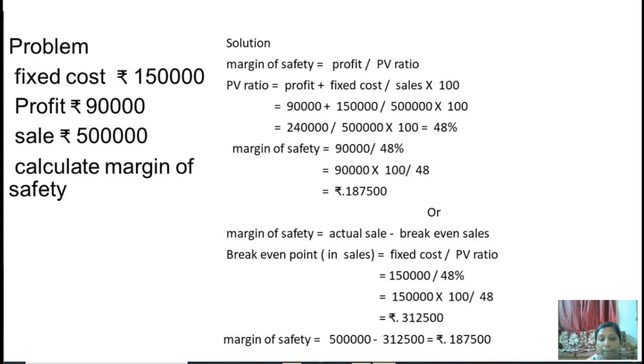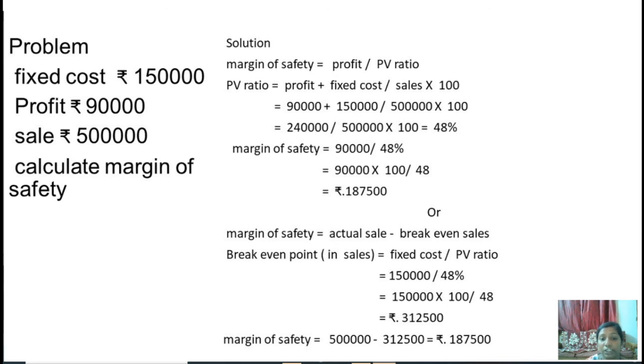Now the BEP in sales is 3,12,500. For the 48%, the BEP in sales is rupees 1,50,000. For the 100%, the BEP in sales is rupees 3,12,500. So now we are calculating the margin of safety.